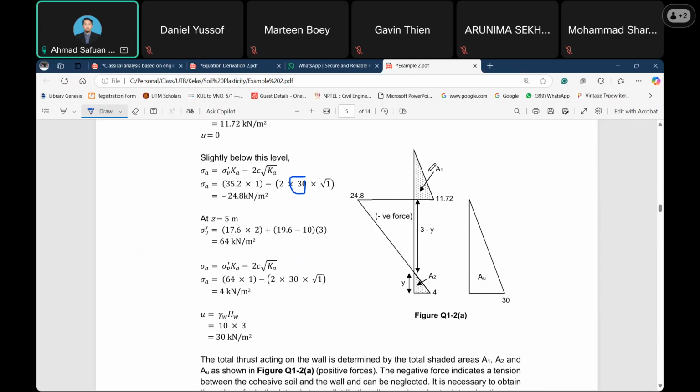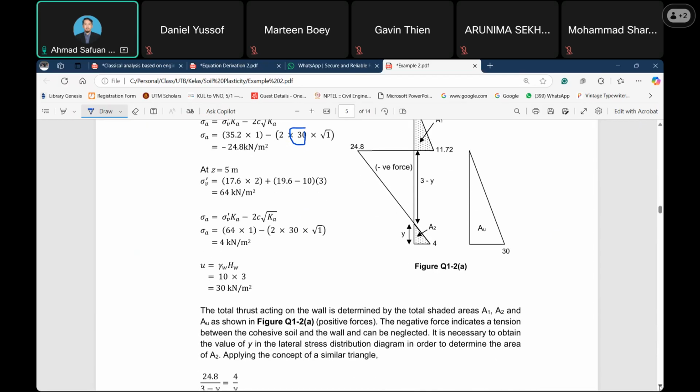So we need to determine the value of y, or the height on the positive side. How to get the value of y? We need to use a similar triangle approach.